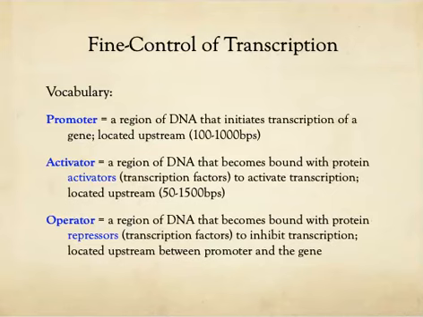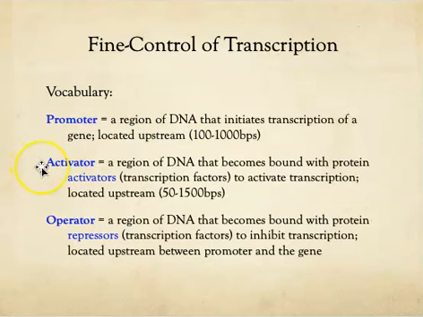It's the location where the RNA polymerase enzyme is going to bind so that it can begin transcribing the gene right at the first base of the protein coding region. Promoters are located upstream from the protein coding region of genes.